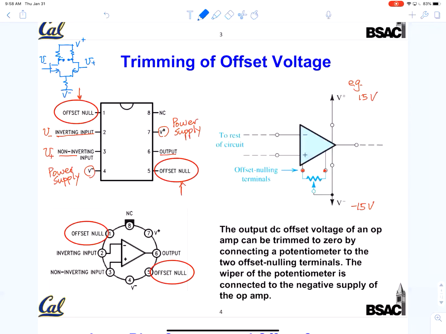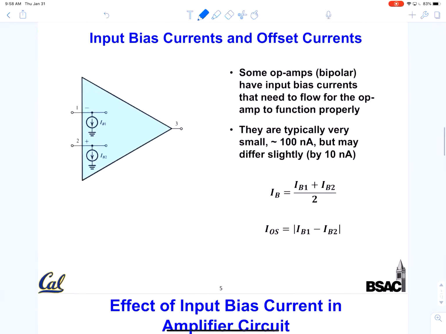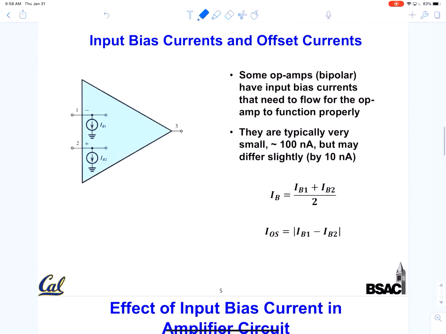Okay. All right. So now there is another non-ideality in a practical op-amp. This applies primarily to the bipolar junction transistor. There are two types of transistor we will talk about. One is the MOSFET.